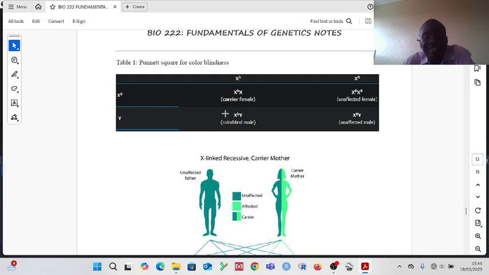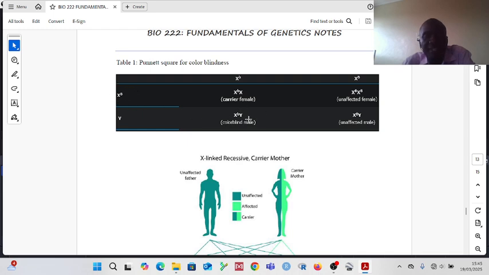So why is it that the son is inheriting this recessive trait? Our daughter is also inheriting the same recessive trait, but it is only the son who is becoming colorblind. It is because the son does not have any other X chromosome, but the daughter is inheriting a normal X chromosome from the father.